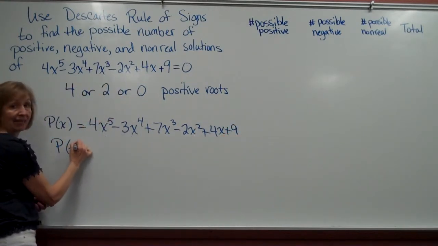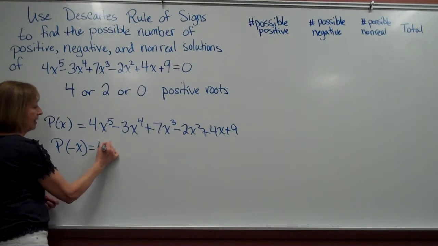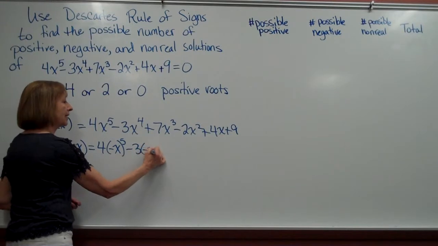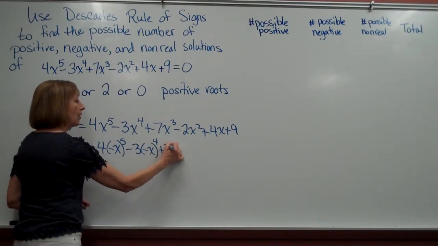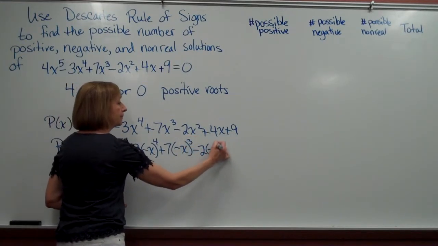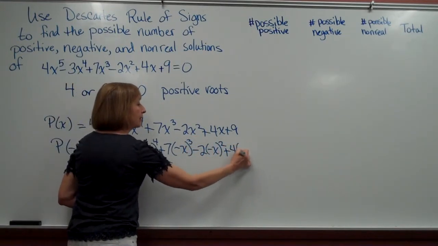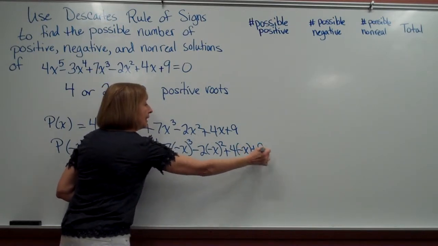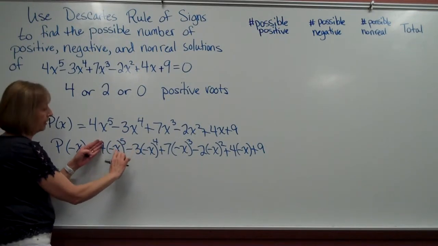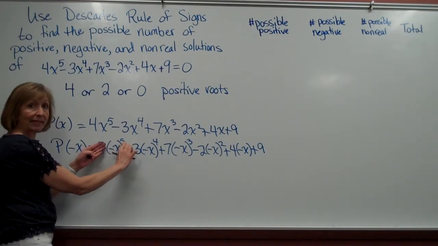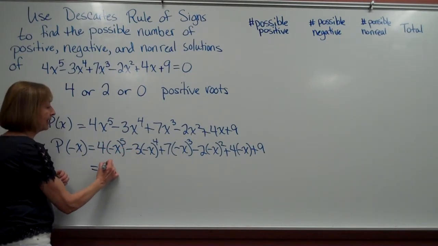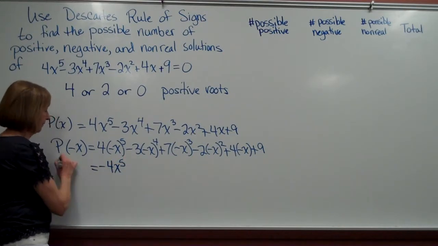If I put negative x in for all of the x's, I have 4 times negative x to the 5th minus 3 times negative x quantity to the 4th, all the way through, plugging the negative x in for the x's. And now simplifying, negative x to the 5th using your order of operations, that'll be a negative x to the 5th because it's an odd exponent. And negative x to the 5th times 4 is a negative 4x to the 5th.